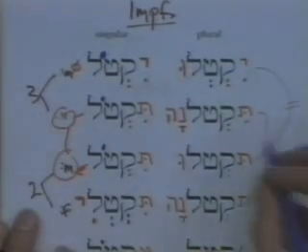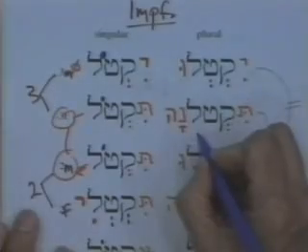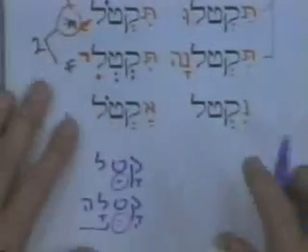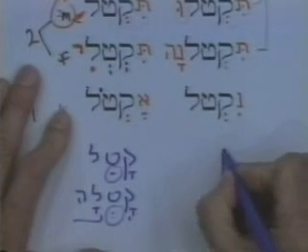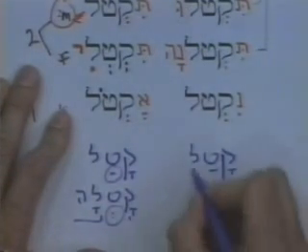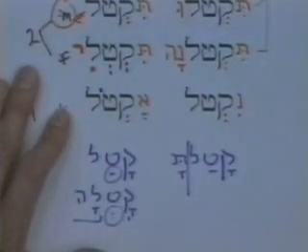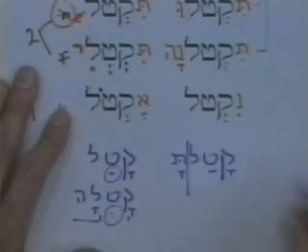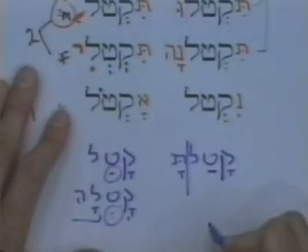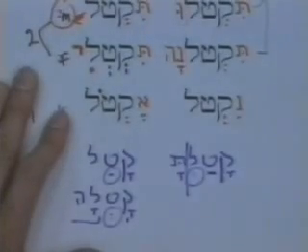But in the next form, we've added na. Vocalic or consonantal? What happened before consonantal suffixes in the perfect? Example, katal, katal-ta. Right? What happened? We left the vowel that was originally there, and now we've created empty space that we have to fill with a silent schwa.